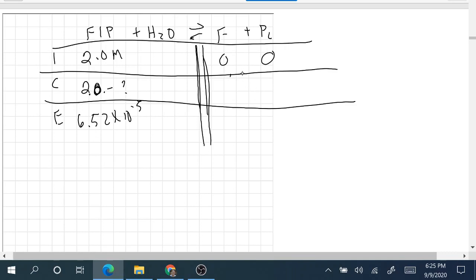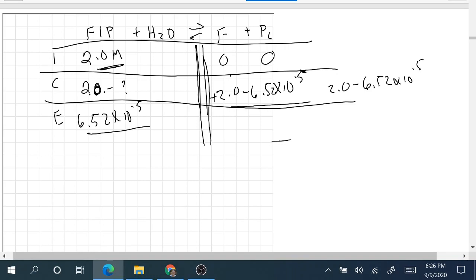Okay, so our change for here is going to be equal to 2 molar minus 6.52 times 10 to the minus 5th, because we know we have 6.52 times 10 to the minus 5th of our fructose 1-phosphate at equilibrium, and we started with 2 molar, so we've gained the difference of this 2 minus 6.52 times 10 to the minus 5th for both our fructose and our inorganic phosphate.